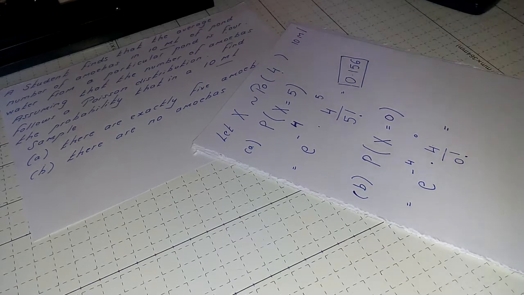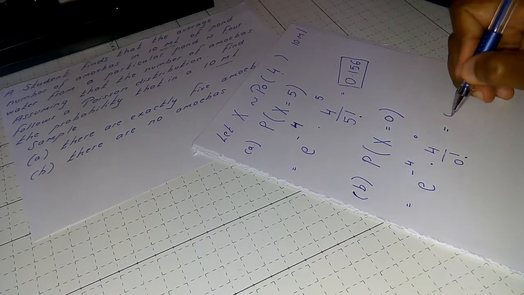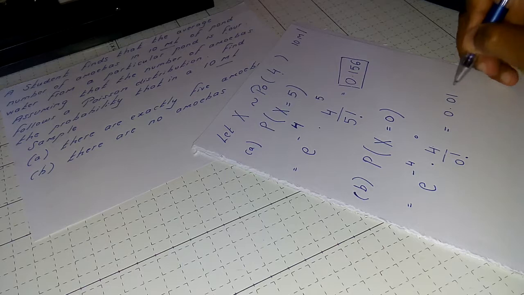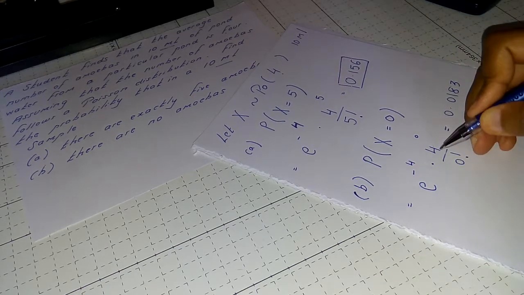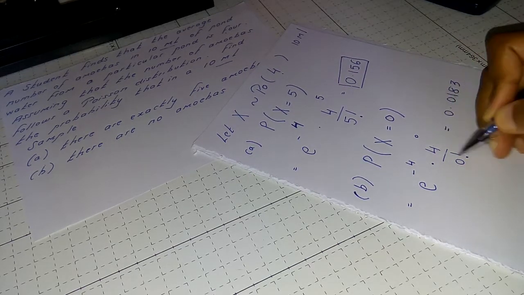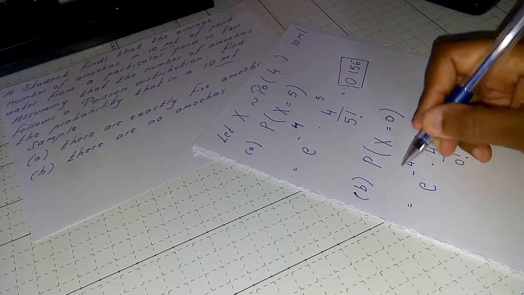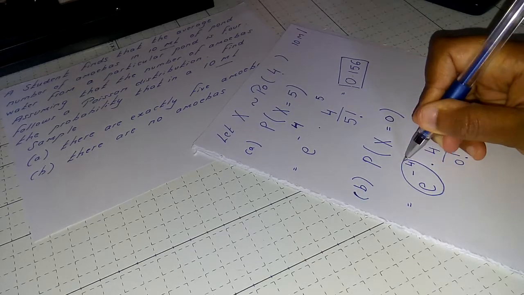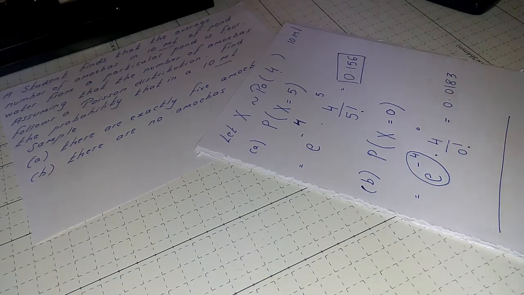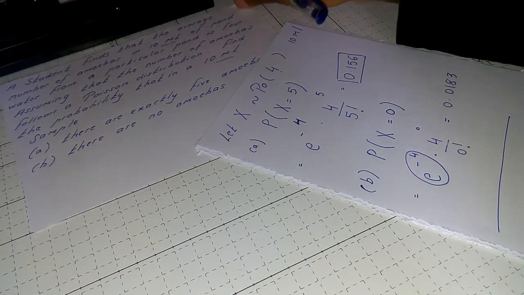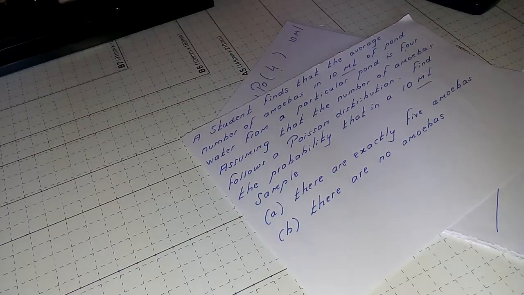Use your calculator and you are going to get 0.0183. Now 4 power 0 is 1, over 0 factorial, which is 1. So you're left with only this part, e power negative 4.